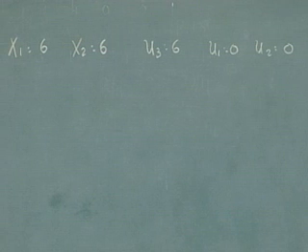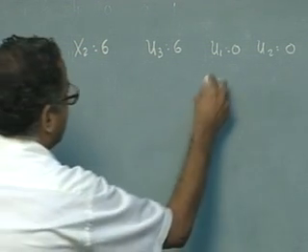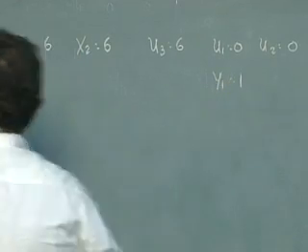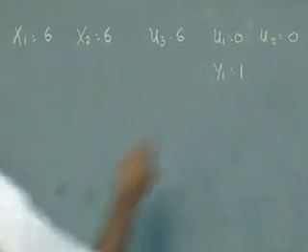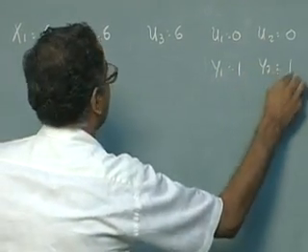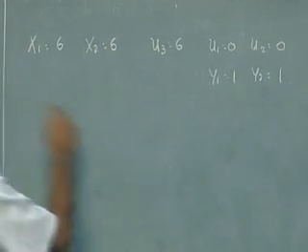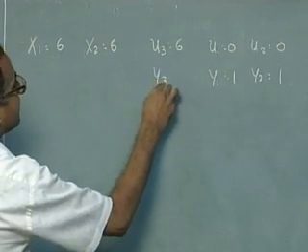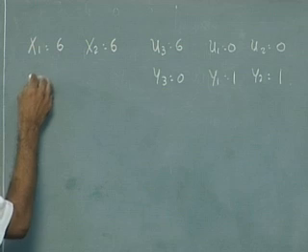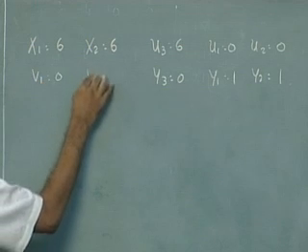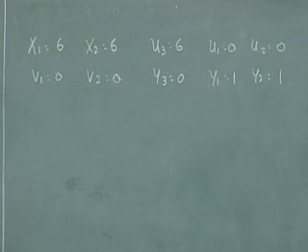This is the optimal solution to the primal. The optimal solution to the dual is y1 equal to 1, y2 equal to 1, and the rest of them are 0. So you will have y3 equal to 0, we have v1 equal to 0, v2 equal to 0.